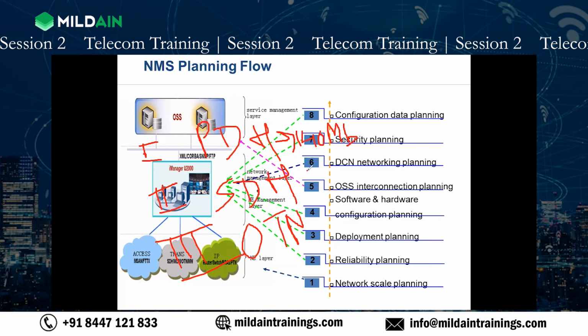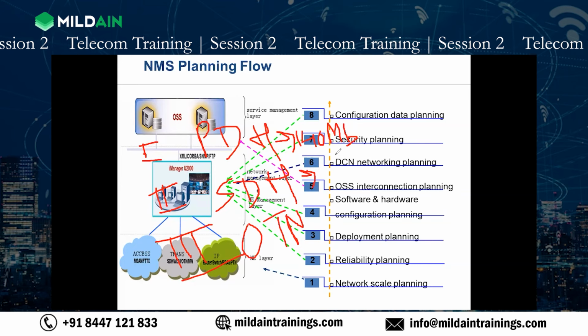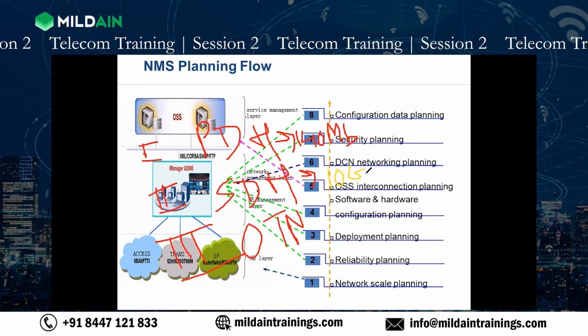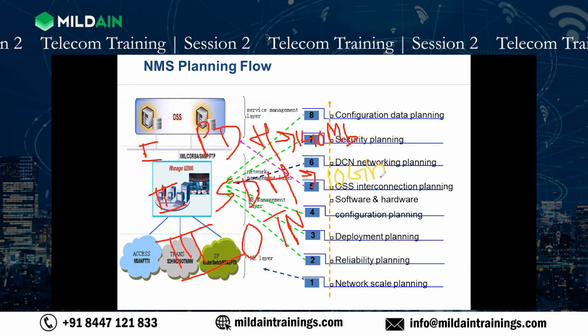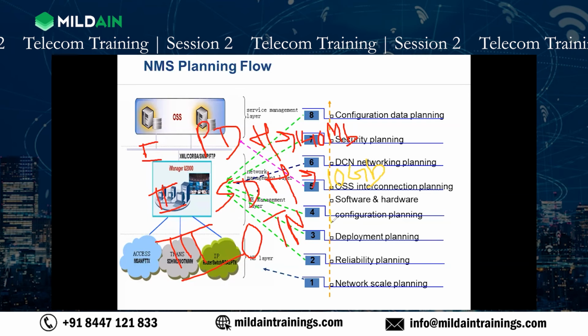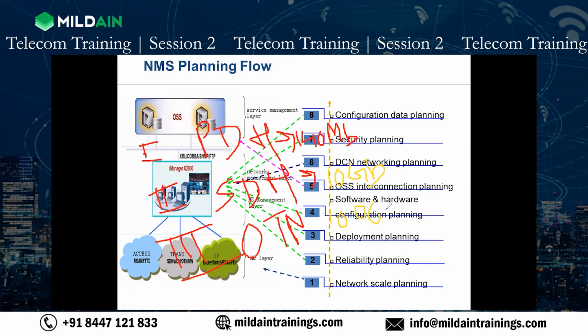I'm talking about SDH, 10 gigabit maximum. And in OTN the maximum is 100 gig.